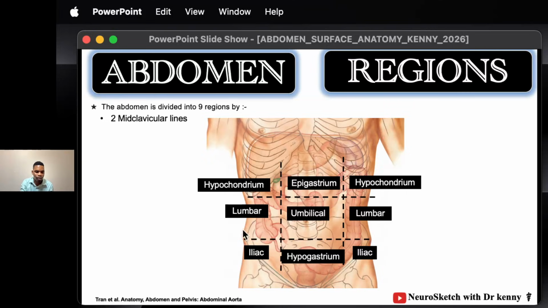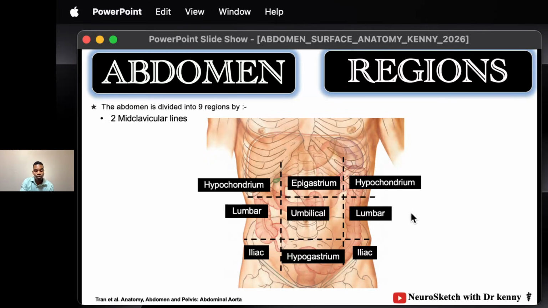And on either side of the epigastrium, we have the hypochondrium, which means we have the right hypochondrial region and the left hypochondrial region. The same applies on either side of the hypogastrium: we have the iliac region or iliac fossa, which means the right iliac fossa and left iliac fossa.